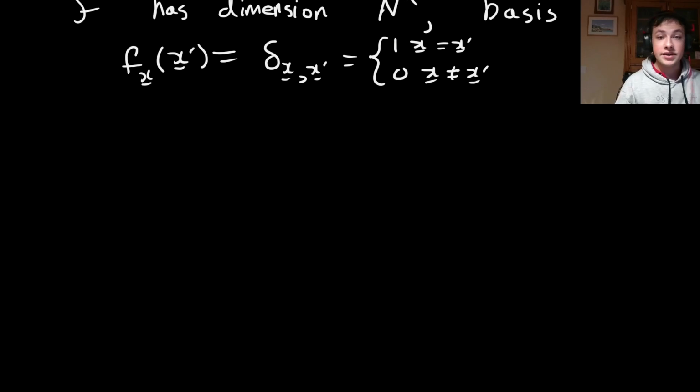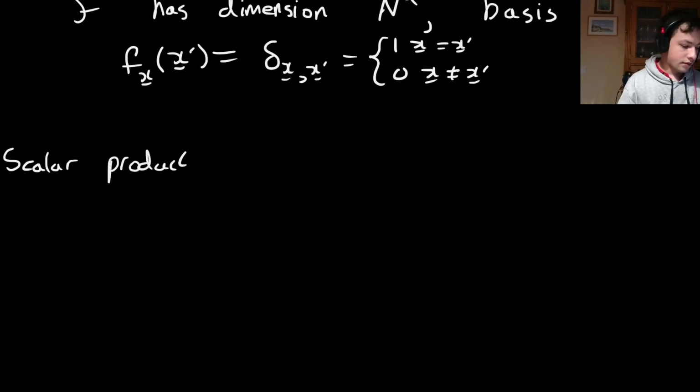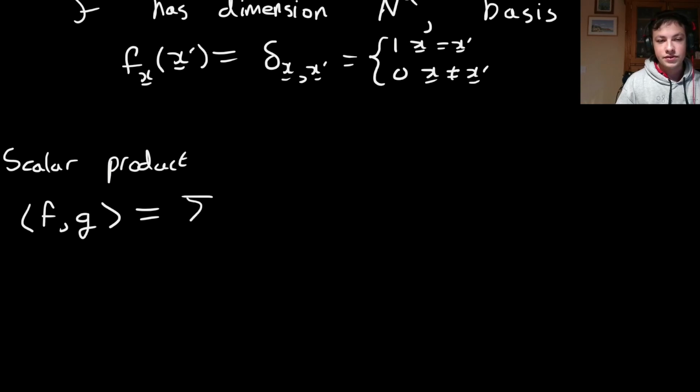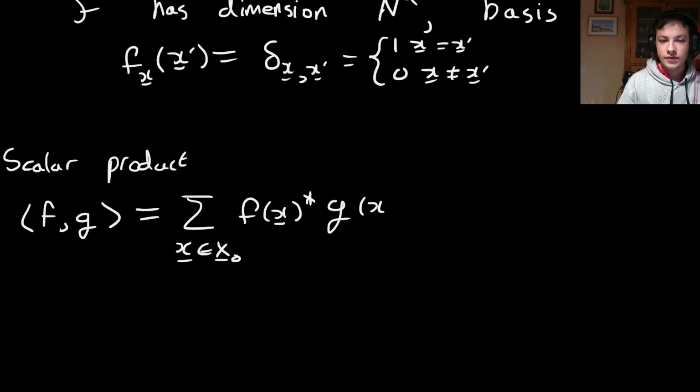Now let's define a scalar product on f. This scalar product will be given by f with g. It's going to be the sum over the points in the fundamental box of fx star gx.